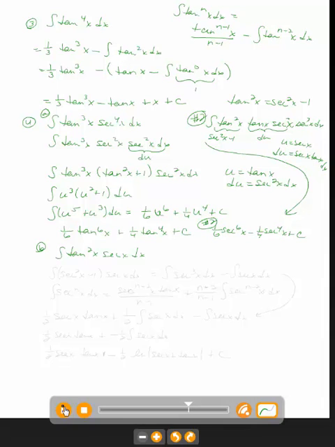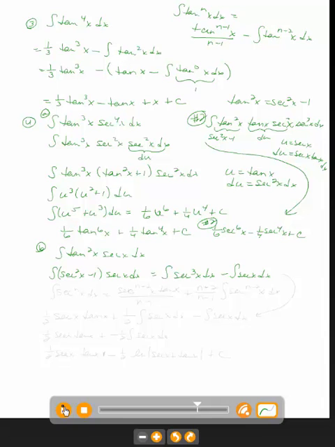All right. This last one. I'm looking at this and I'm thinking I'm going to have to change the tangent. I'm going to change it to a secant squared minus 1, and we have times secant of x dx. I'm going to distribute that and split it into two separate problems. Now, the secant cubed uses the reduction formula in your book number 4.